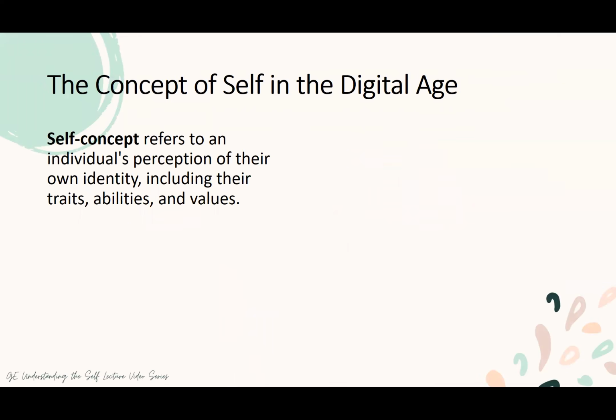Let's define first what we mean by self-concept. When we say self-concept, it refers to your idea or your perception of who you are, your own identity, including your traits, abilities, and values.